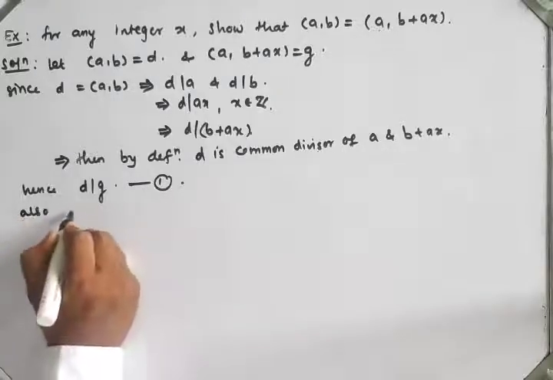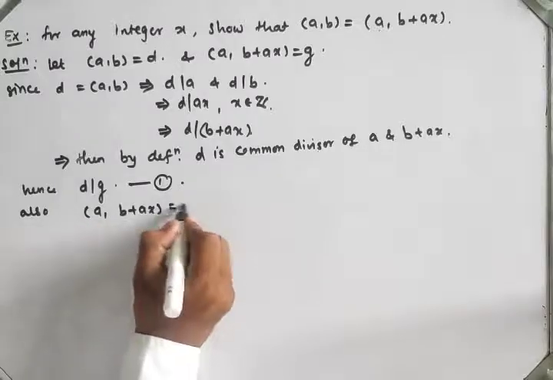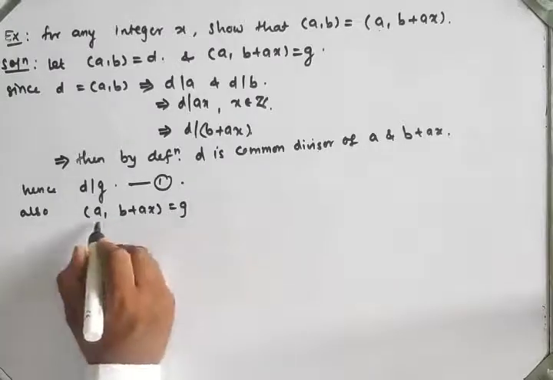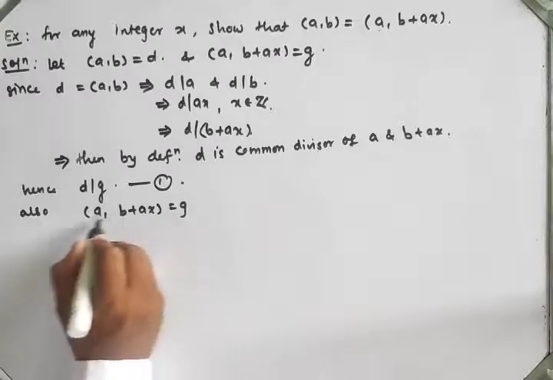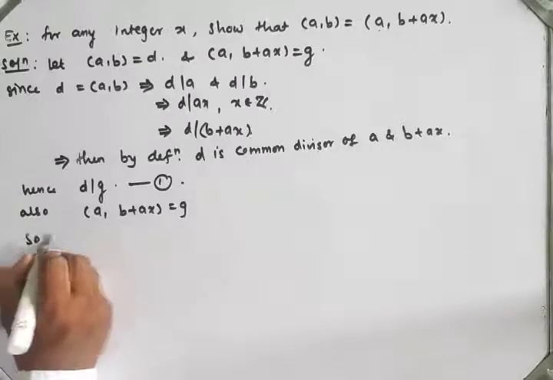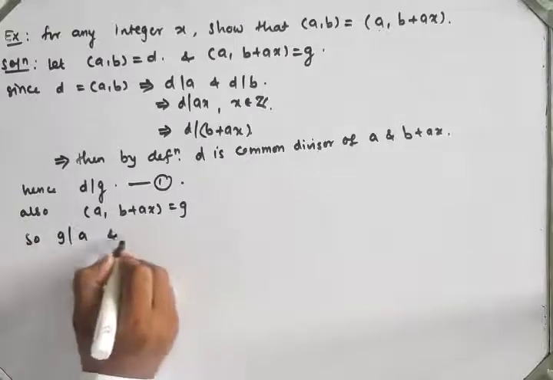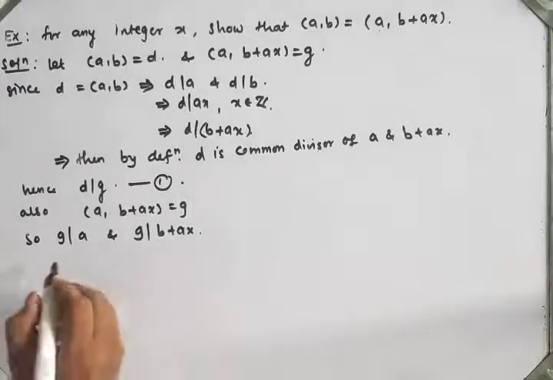Also GCD of a and b plus ax is g. Now g is GCD of a and b plus ax, which means g is the first common divisor of these two elements. So by definition, g divides a and g divides b plus ax.